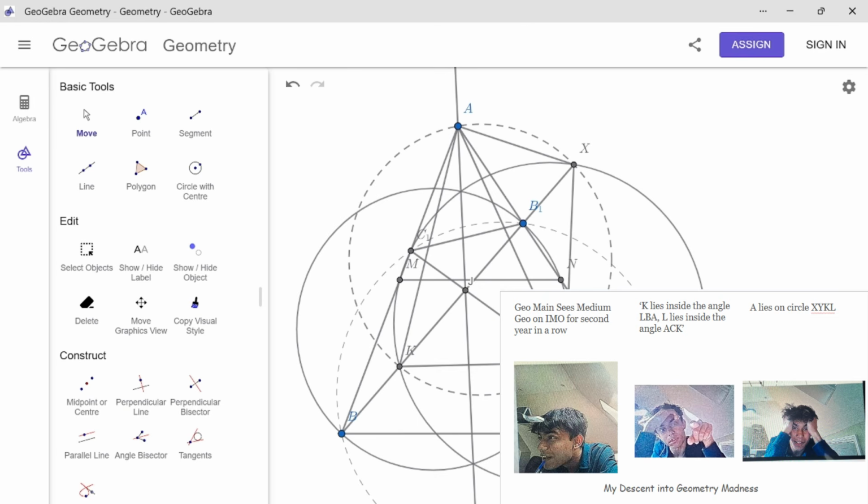If we show two points on the line BB1 have equal power to circles AKL and C1M, we're done.